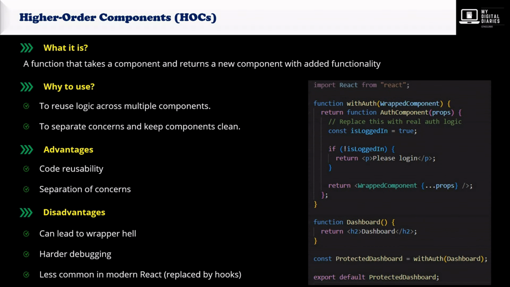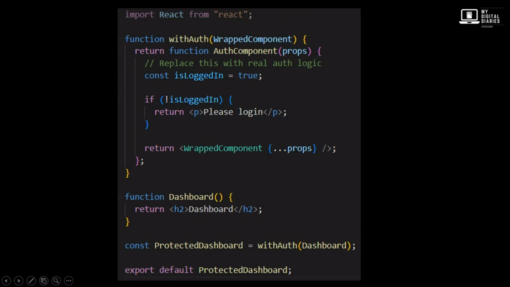Now let's quickly look at the code. Here we have a function called withAuth. This function takes a component as an argument called WrappedComponent. Inside it, we return a new component that checks whether the user is logged in.